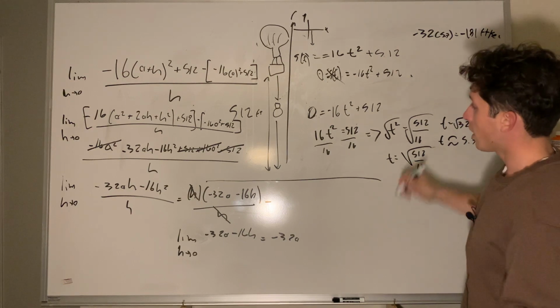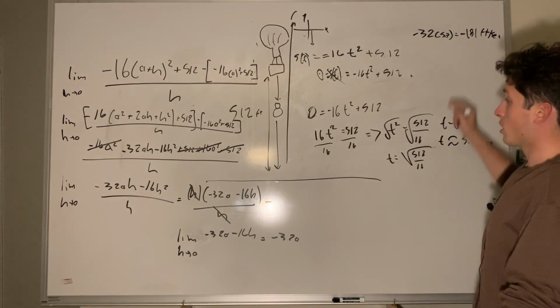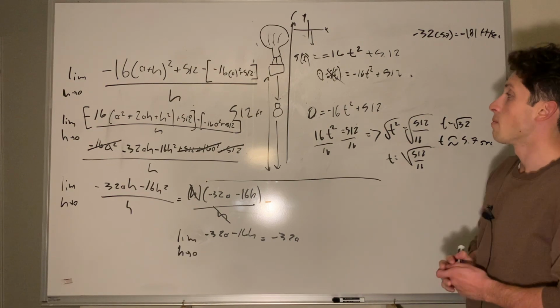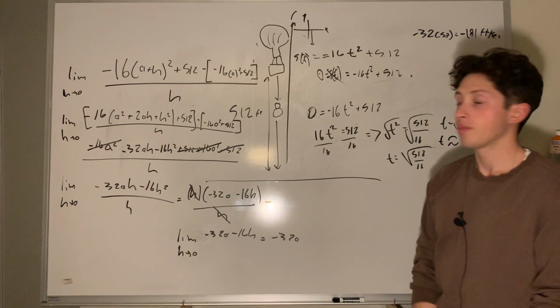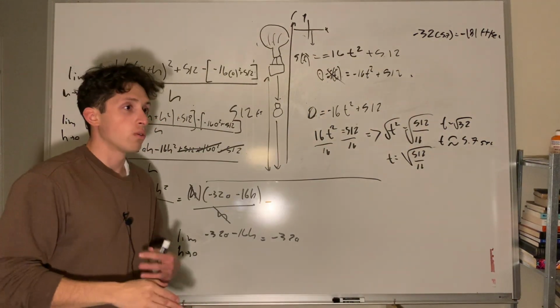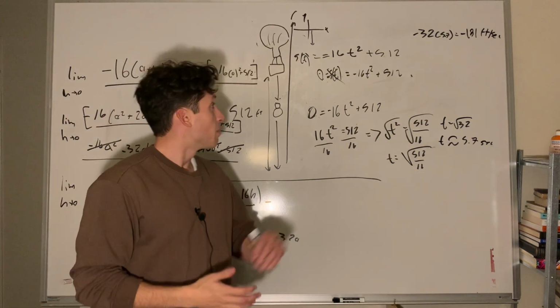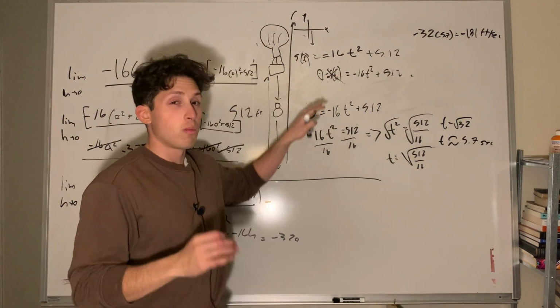So the bag, when it hit the floor, was going at 181 feet per second, and the bag hit the floor at 5.7 seconds. And this is why it's so crucial to know the slope of a tangent line, because you can figure out the position function, which is the most important thing.